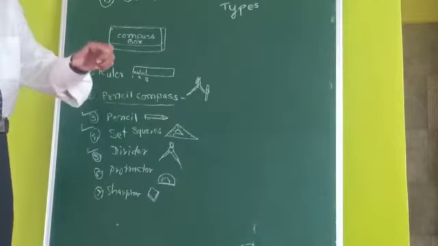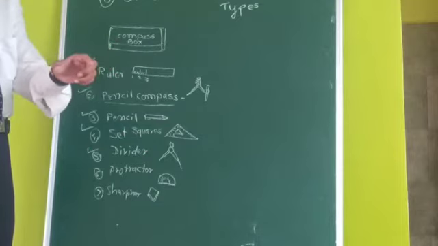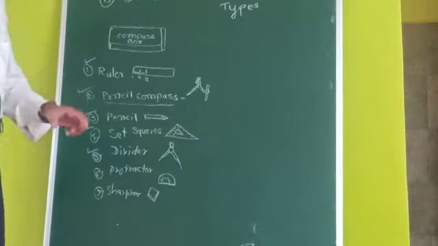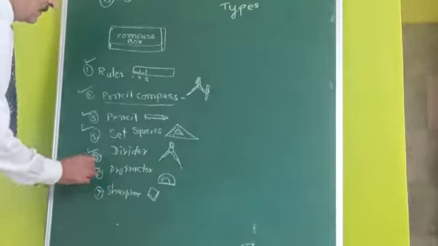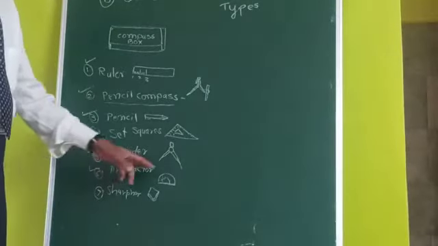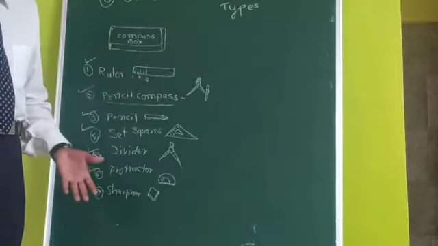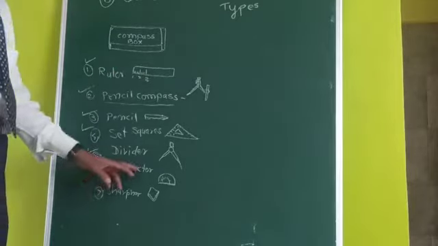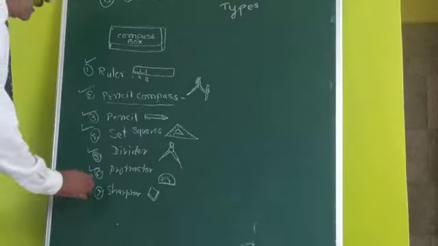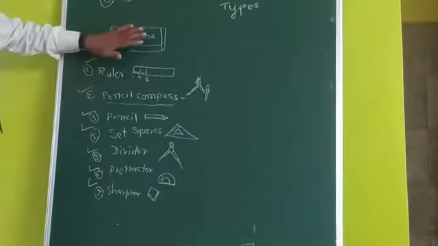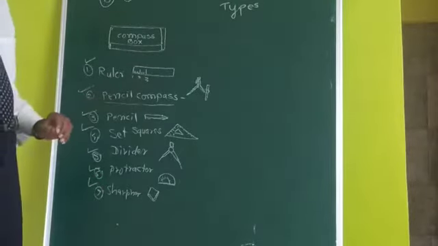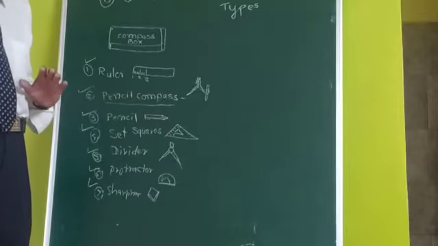This is also for measuring the distance between two points. Then the protector. The protector looks like a D. Some children say that it is D. It's not D, it is the protector. Then the sharpener. So these are the minimum things we need in the compass box.